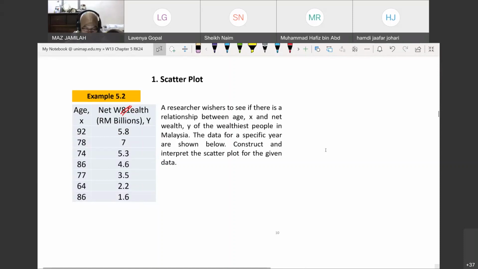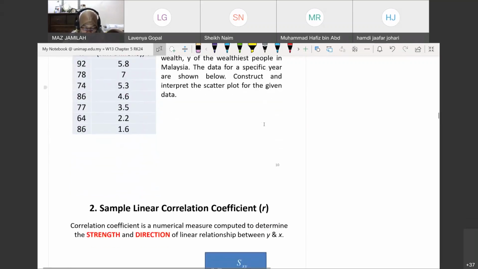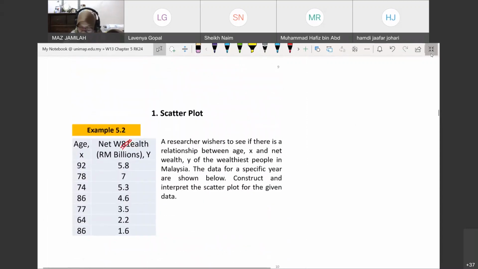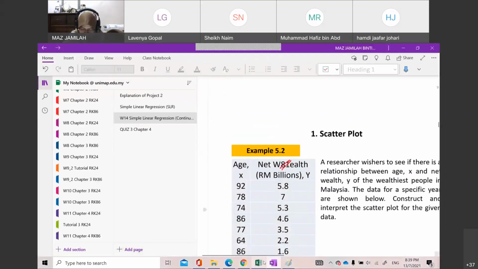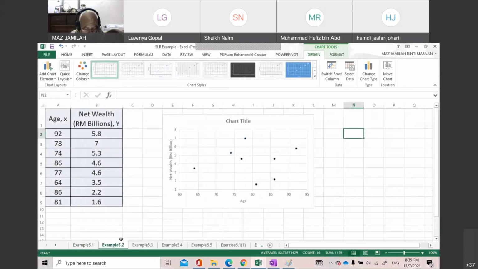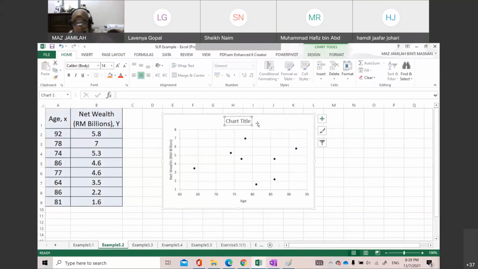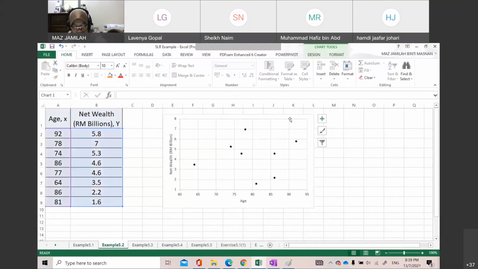I don't need to show you how you can use your Excel to do the scatter plot, but somehow I don't have my answer here, so I think I need to show you the Excel. Now let's move to the second example. When I do the scatter plot, I have this particular scatter plot.